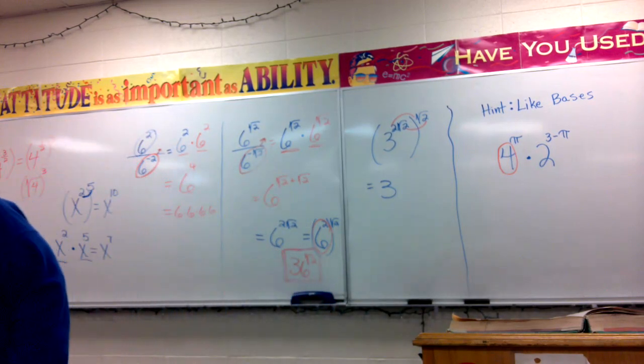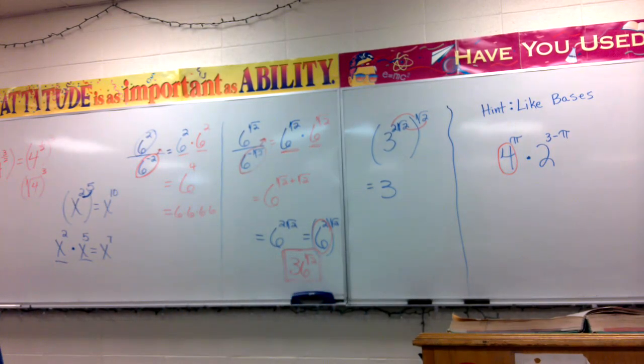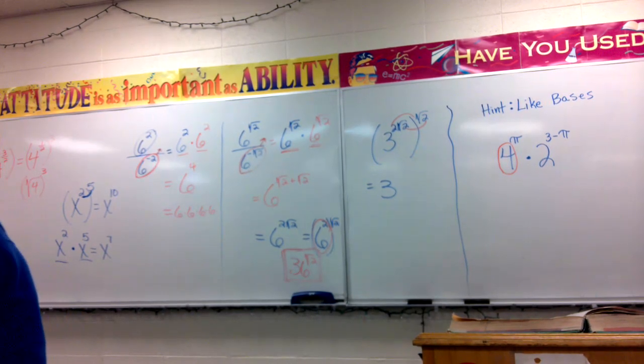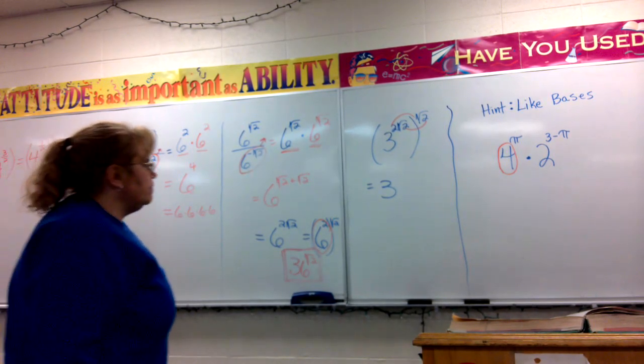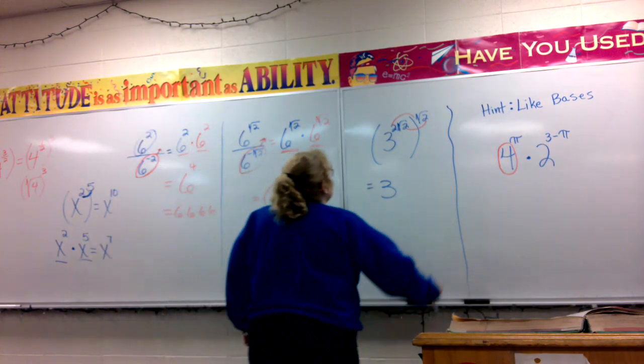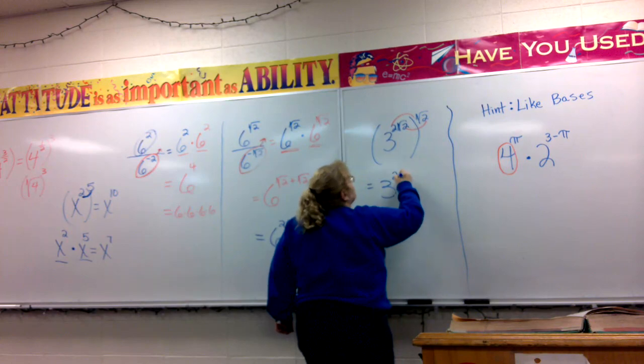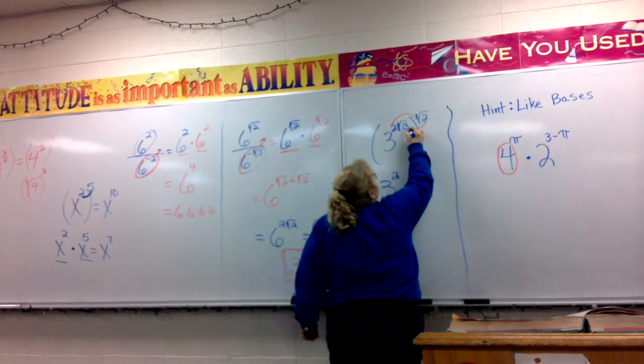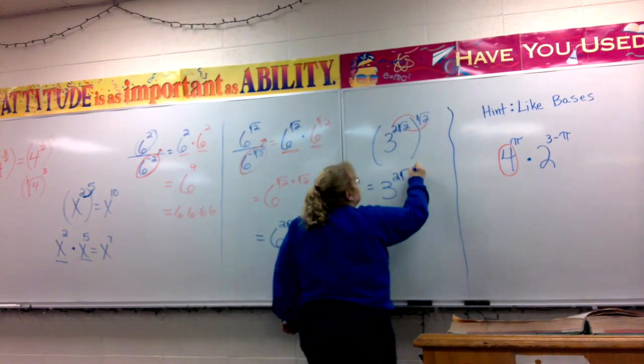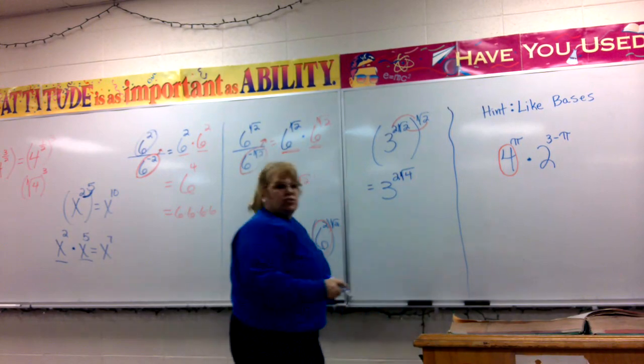I'm multiplying roots. When you multiply roots, it's outside times outside and inside times inside, right? What do you get outside times outside? 2 times 1. Inside times inside. 2 times 2 is 4.